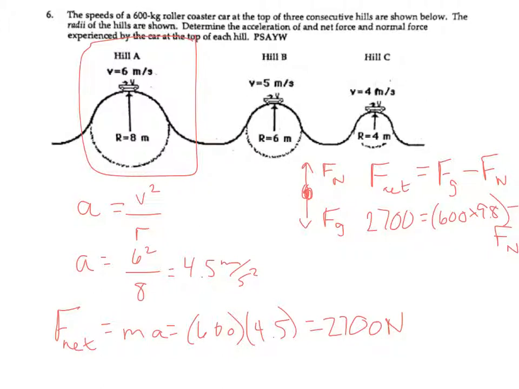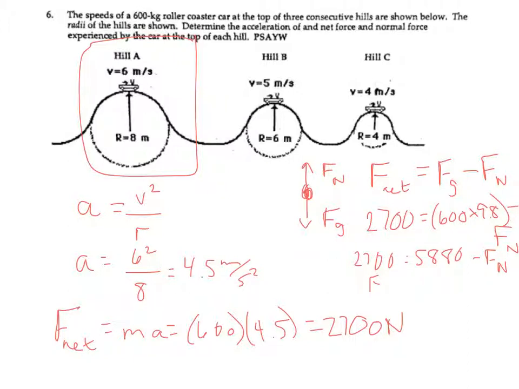And so then I would end up with 2700 equals 5,880 minus Fn. And I want to add the Fn to both sides so that it's positive.